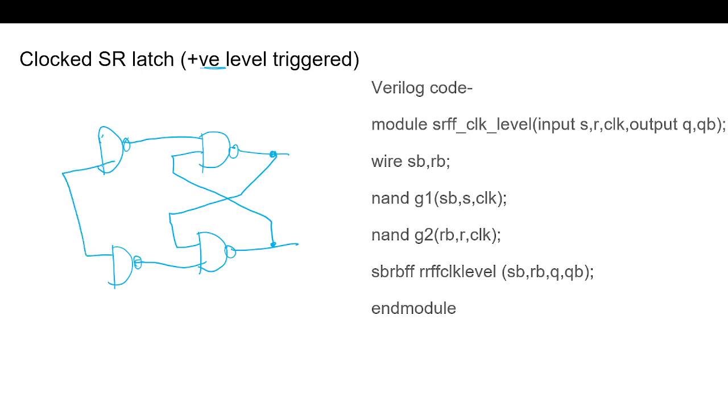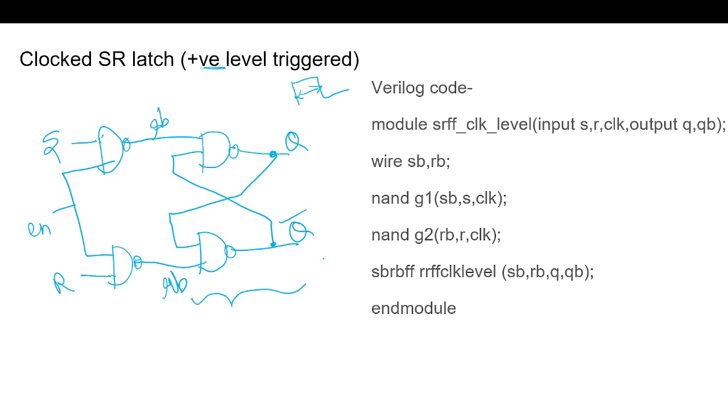I will have one enable signal and S R. Again this is the R B, Q, Q bar. This is the circuit, right? You were saying. Here we will have an enable. So now it will be sensitive to this level.